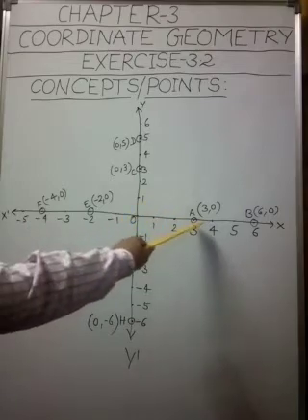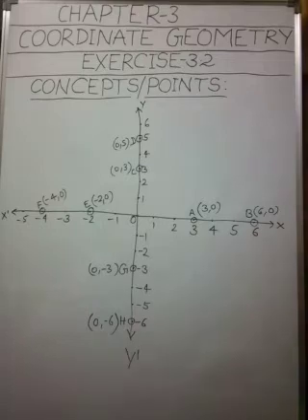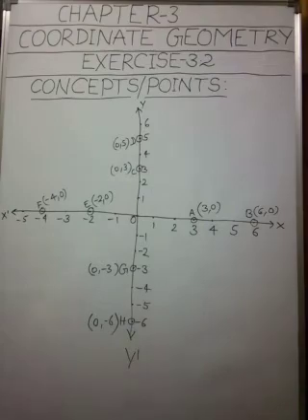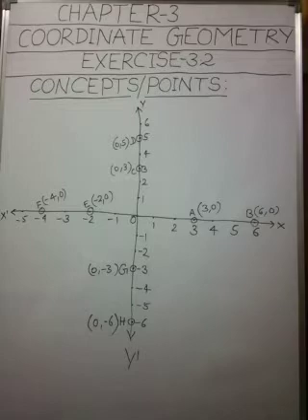So this point is at a distance of 3 units measured along the positive x-axis, so its x coordinate is 3. It is at a distance of 0 units from the x-axis, because the point lies on the x-axis itself. It means its y coordinate is 0.